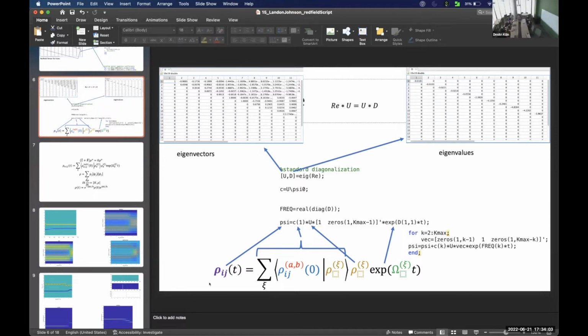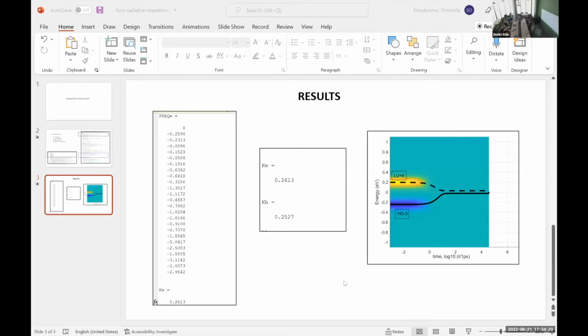So the dynamics that we observe is a superposition of several eigenfrequencies. And maybe London, if you stop and Lola restarts sharing, the rates KE and KH that we were discussing and that Lola is showing here combine all eigenrates that come from the solution of eigenvalues.